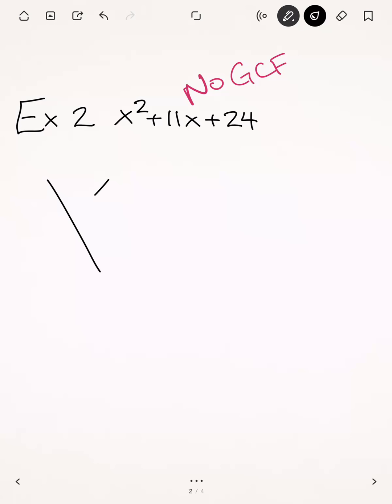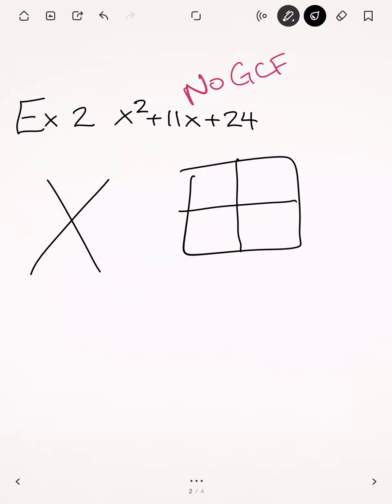So my x, my box. To get the top of the x, I take the first and I multiply it by the last. So again, I'm multiplying. So x squared times 24 gives me 24x squared. My middle term goes on bottom, 11x.